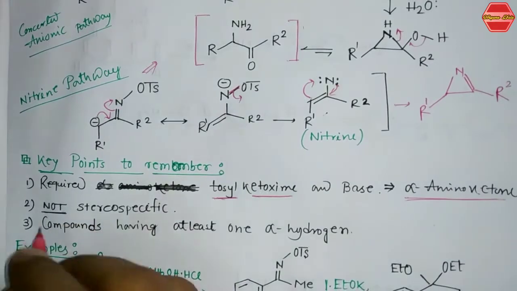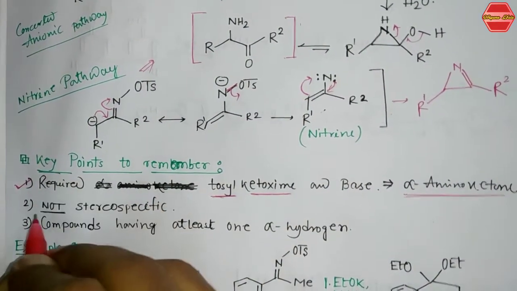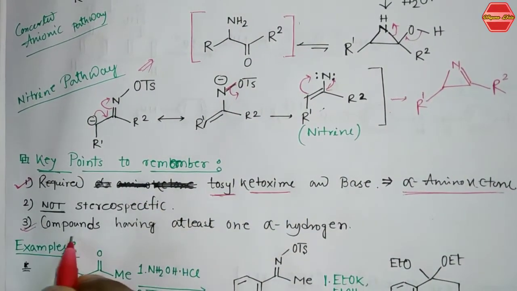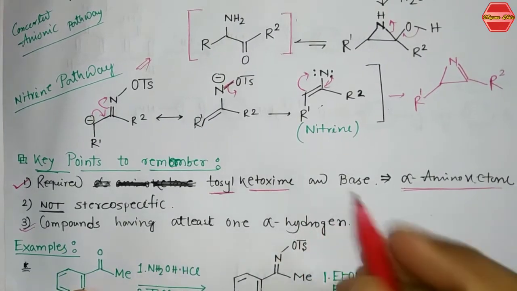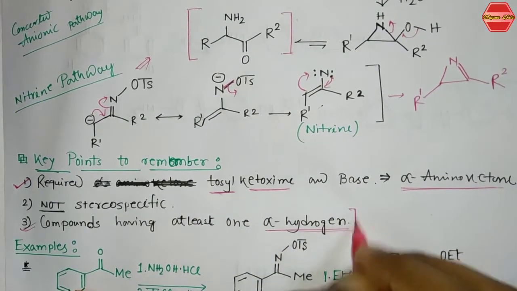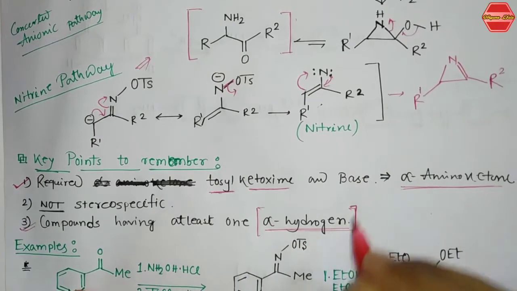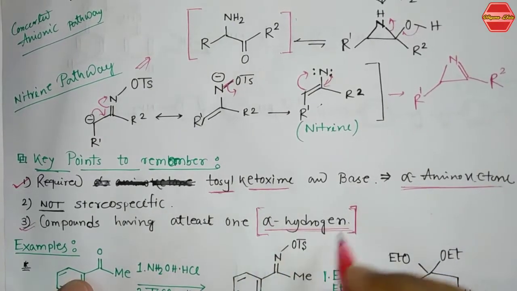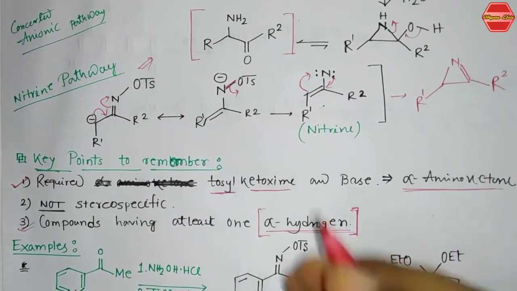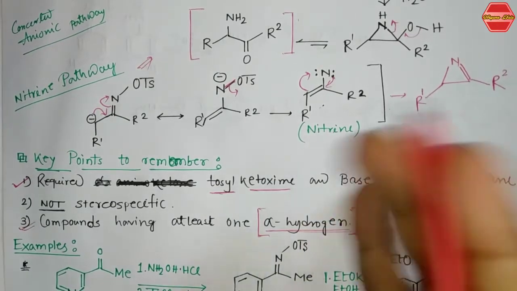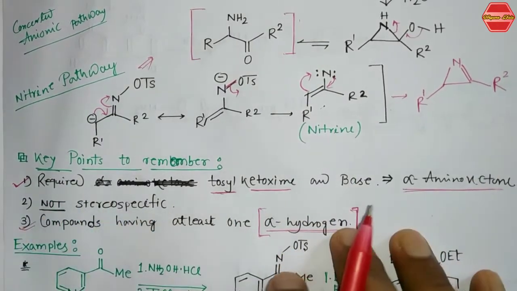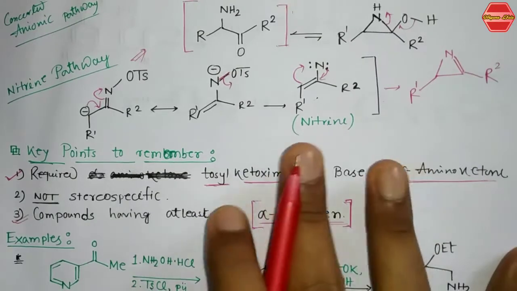So the third point that you have to remember is that the compound has at least one alpha hydrogen. You have to check whether the molecule has any alpha hydrogen or not, right? This is one more important concept for the Neber rearrangement.